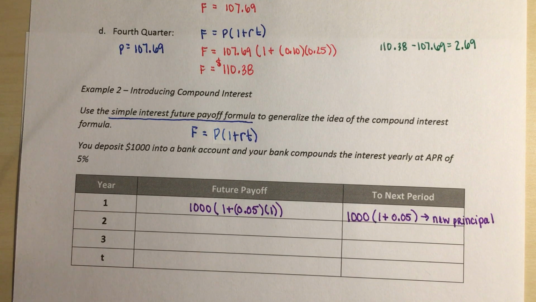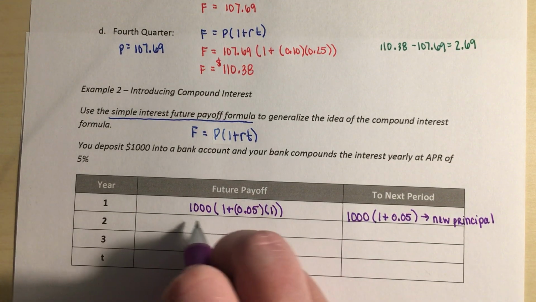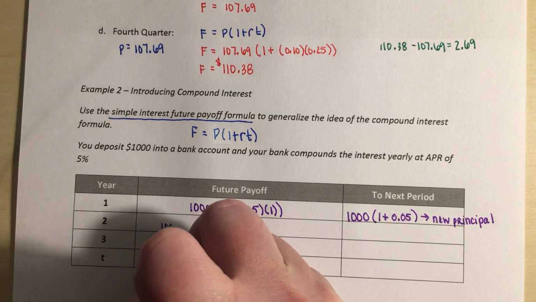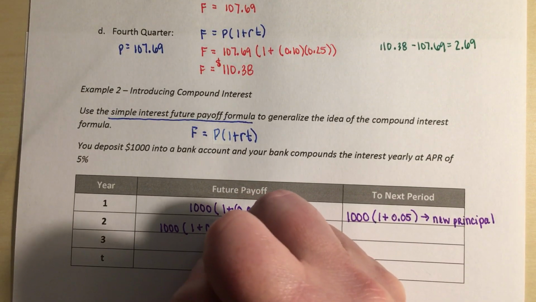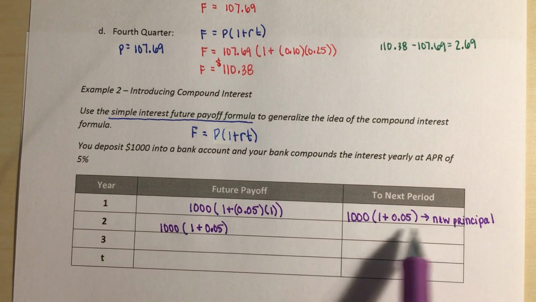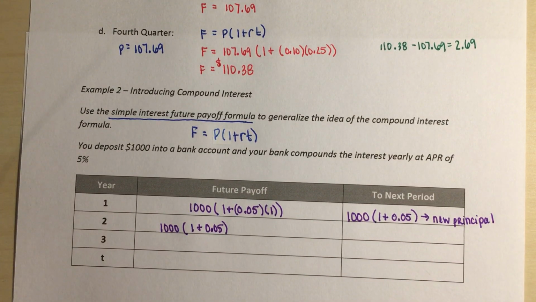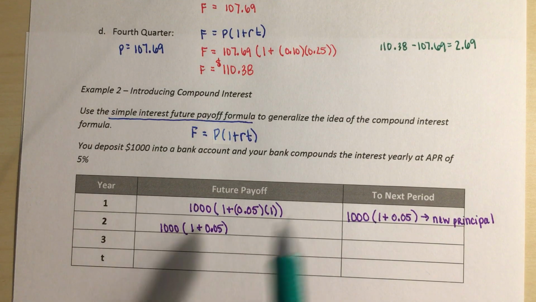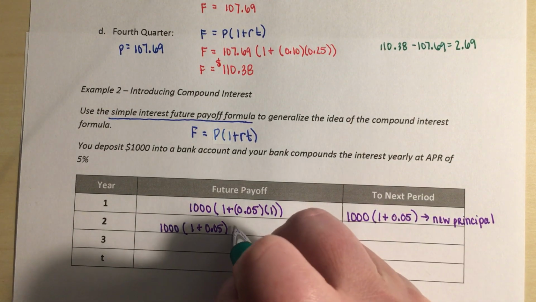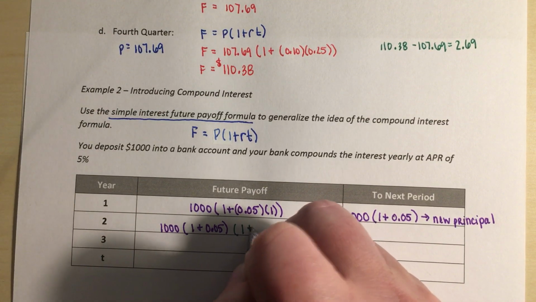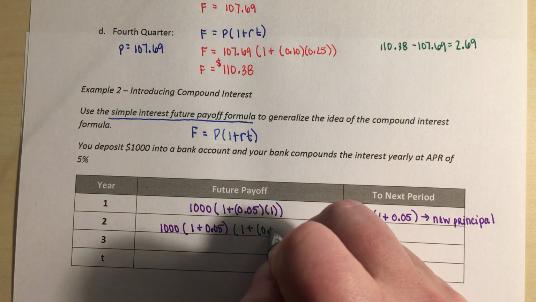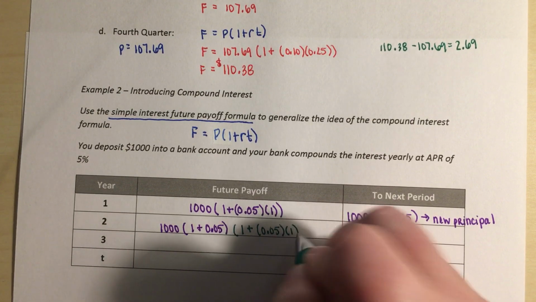Now we're going to do this again, but we're going to take this new principal and put it out front. So instead of just the number 1,000, I have 1,000 times 1 plus 0.05, because that's what I had right here. I still need to include the 1 plus RT part from my previous formula, so now I have 1 plus 0.05 times 1.